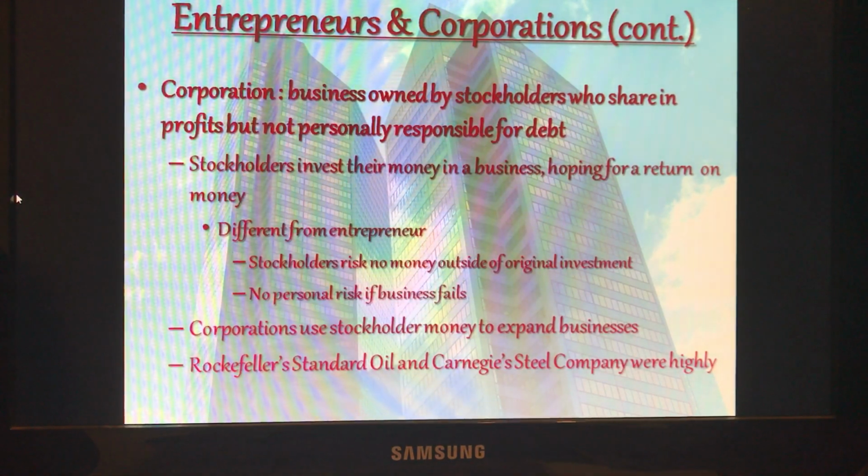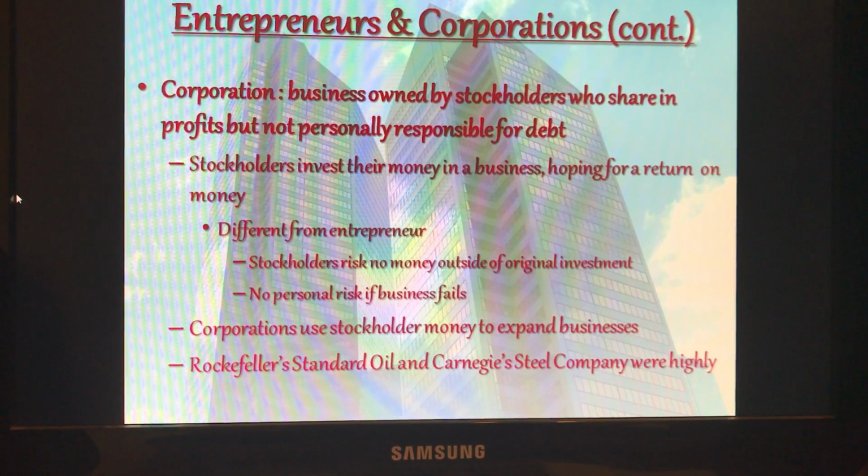Now, some of the most famous corporations in American history were Rockefeller's Standard Oil and Andrew Carnegie's Steel Company. And many of you have probably heard of these names anyway, Rockefeller and Carnegie. Very famous American entrepreneurs whose legacy is still around because Standard Oil was the first large oil company.